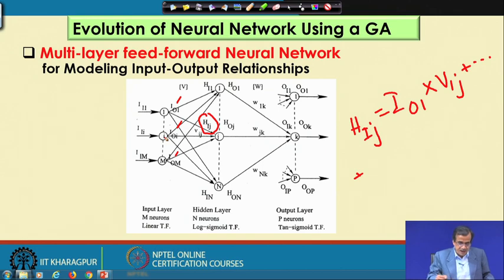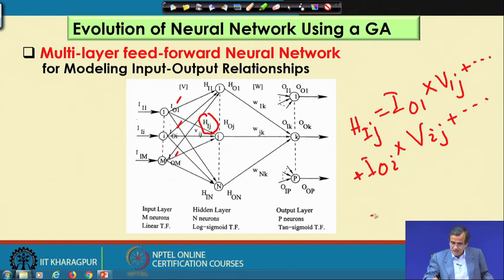Then this middle term, that is I_Oi multiplied by this particular V_ij, there are a few other terms, and this last term will be I_Om multiplied by V_mj.